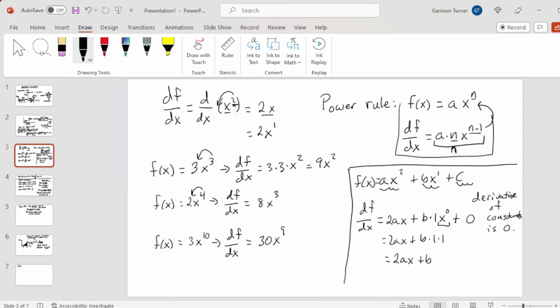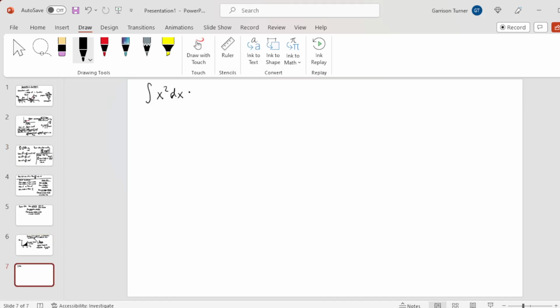So when I have the power divided by the new power, I recover just a times x to the n. So doing that, adding 1 to my power, and then dividing by my new power gives me this.